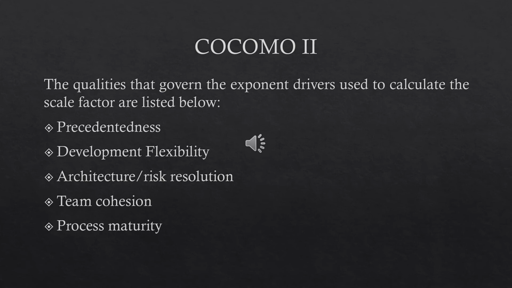The last quality factor is process maturity. The software quality area already explains the process maturity model. The more structured and organized the way the software is produced, the lower the uncertainty and the lower the rating will be for this exponent driver.